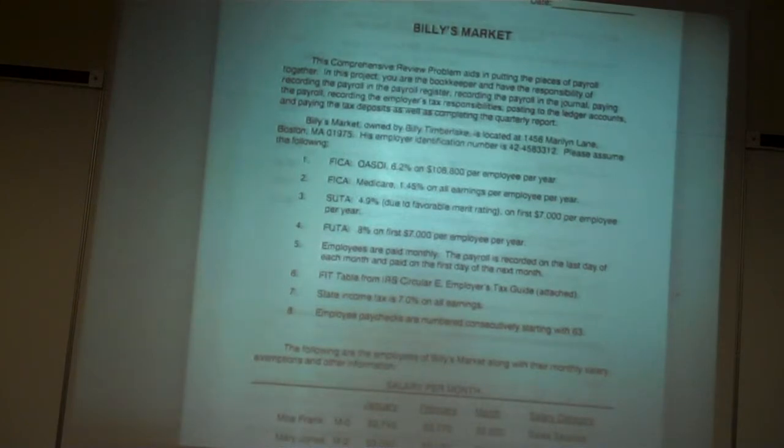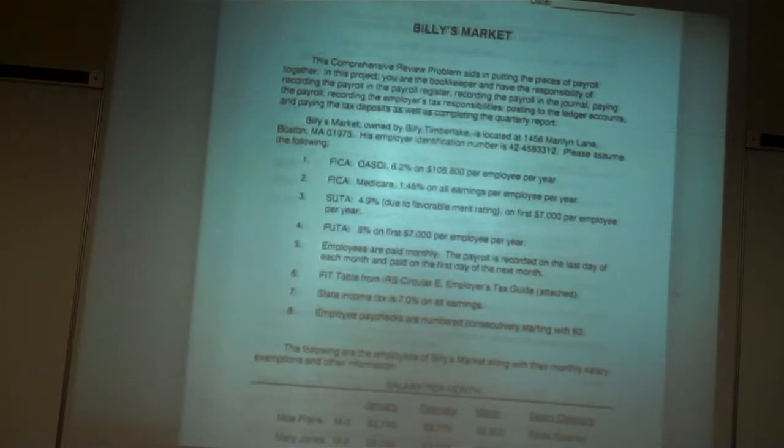But if we have someone that already has cumulative earnings of 107,000, do we need to calculate the OASDI for that person? They're already over it, so we don't have to.